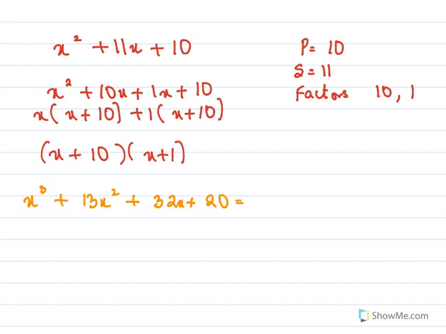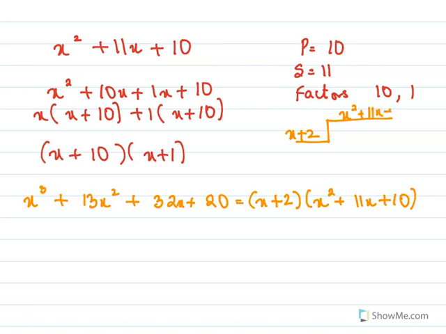So in the first step, we found the polynomial was x plus 2 into the other factor. The other factor was x square plus 11x plus 10. That was the quotient. Remember, we divided here. We got one factor here, and the other factor was x square plus 11x plus 10.